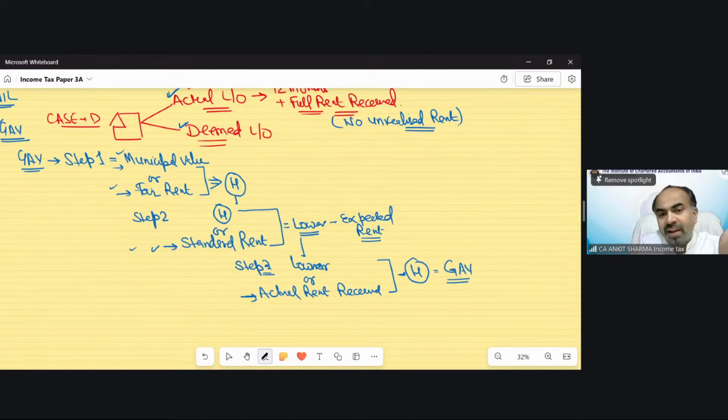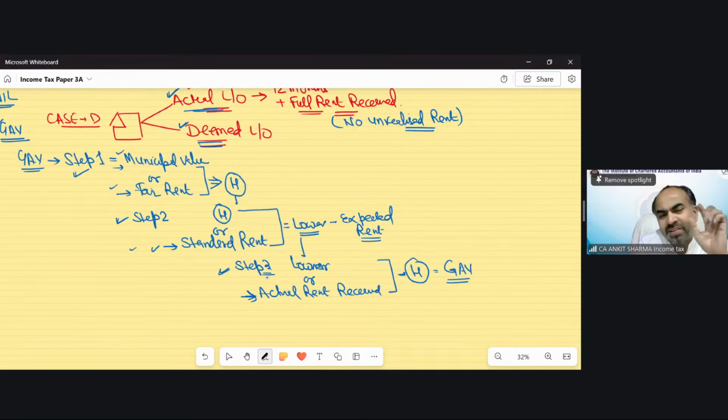This is our real value, the value on which we have let out our property and the amount we received. Now, as you are seeing, in case of actual let out and deemed let out, we are solving GAV as per step number 1, step number 2, step number 3.